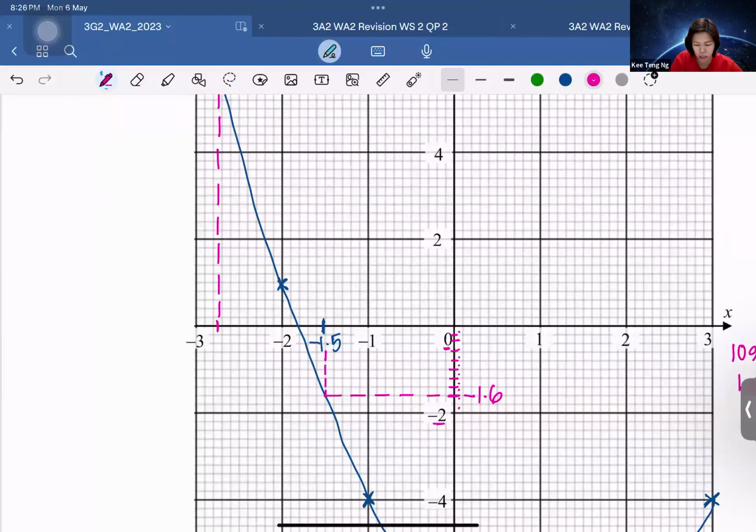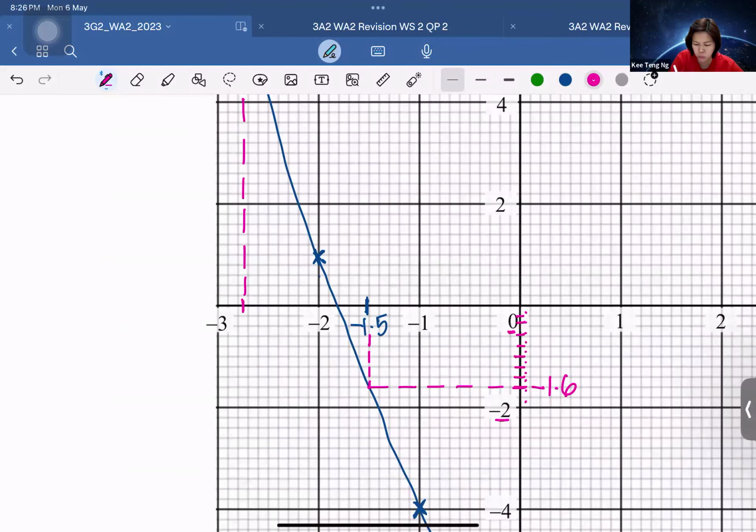So we can read negative 2.1, 2.2. 1, 2, 3, 4, 5, 6, 7, 8, 9, 10. 10 squares is 1 unit. 1 square will be 0.1 unit. So negative 2, negative 2.1, 2.2, 2.3, 2.4, 2.5, 2.6, 2.7. Mine is negative 2.75 in the middle. Or you can use negative 2.8.